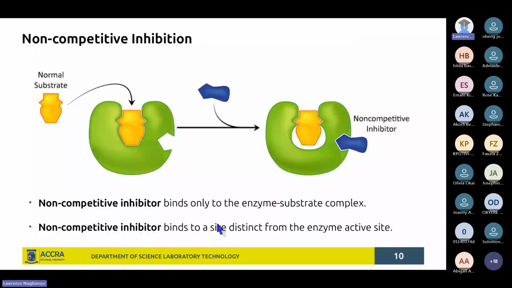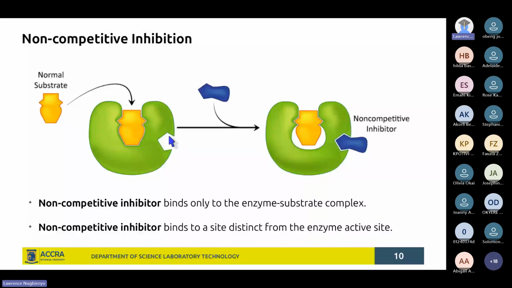How about non-competitive inhibition? In this case, if you look at the enzyme being represented with the green structure, you notice that apart from the active site, there is an extra site, which is not the active site, but is a site that an inhibitor can bind to.